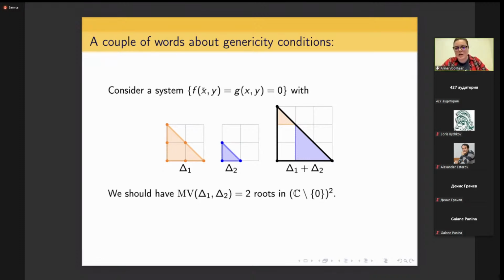When you plug in y equal to 0, all the monomials that contained y in a non-zero degree die. What is left are just the monomials that belong to these 2 edges. So the corresponding points belong to these 2 edges, and the coefficients are as they were in the polynomial.